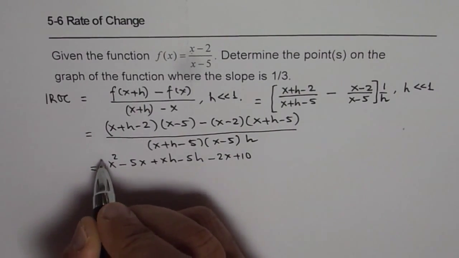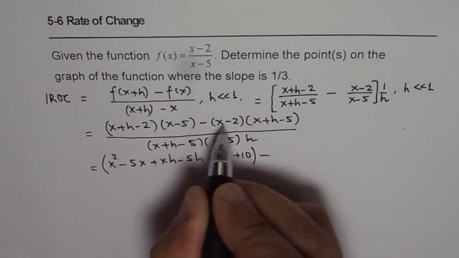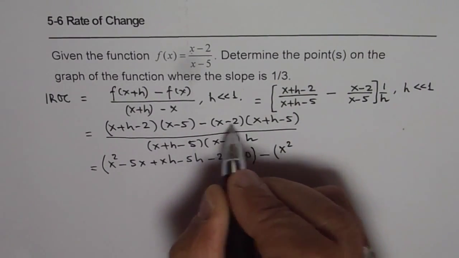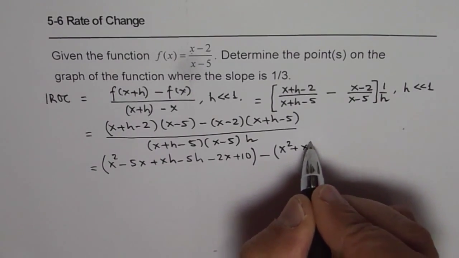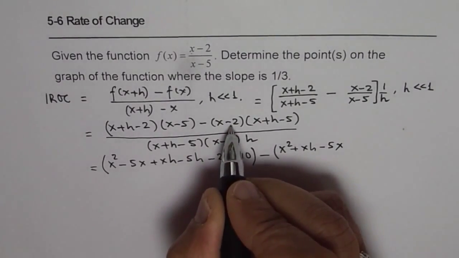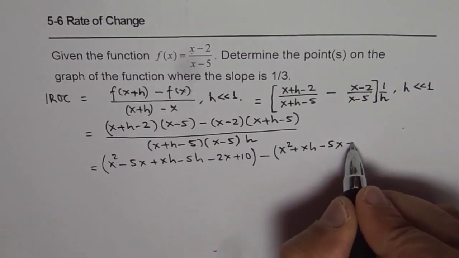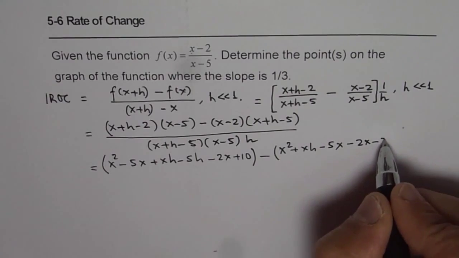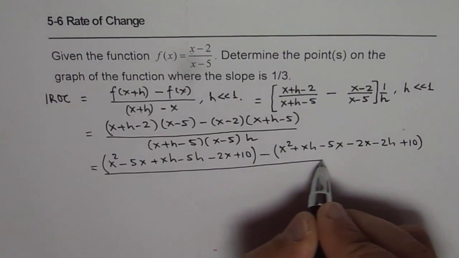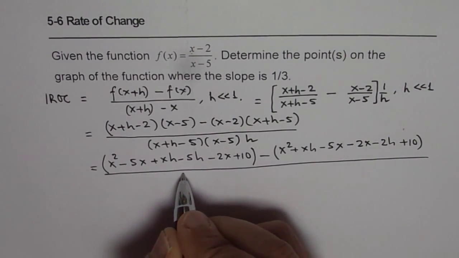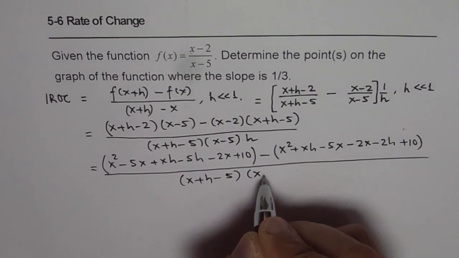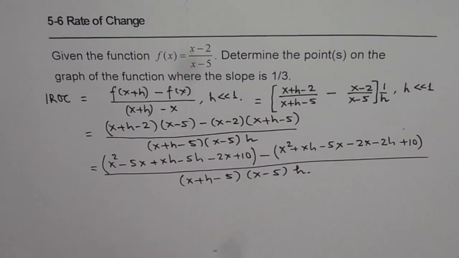So that is from the first set, and on this side we take away x squared + xh - 5x, multiplying by -2 we get - 2x - 2h + 10, and all this is divided by (x + h - 5)(x - 5)h.